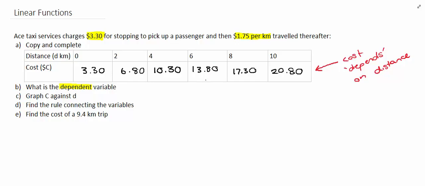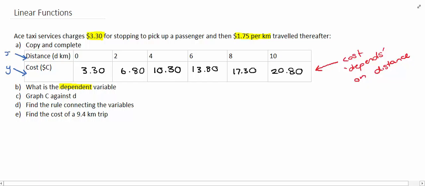So we'd say that the cost is the dependent variable and the distance is the independent variable, because the distance is what it is and then we work out the cost based on that. So something to keep in mind when you graph this information is that your dependent variable is what's going to go on the y-axis and your independent variable is what's going to go on the x-axis.